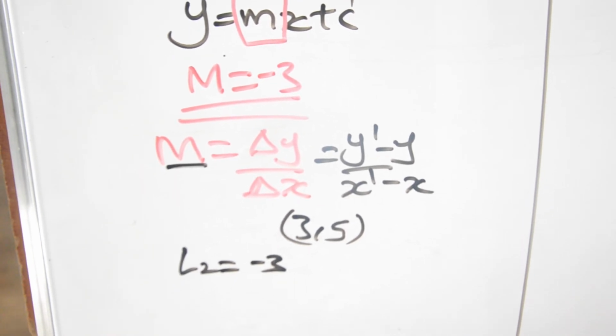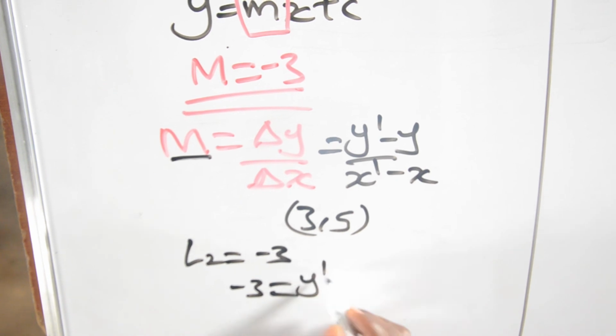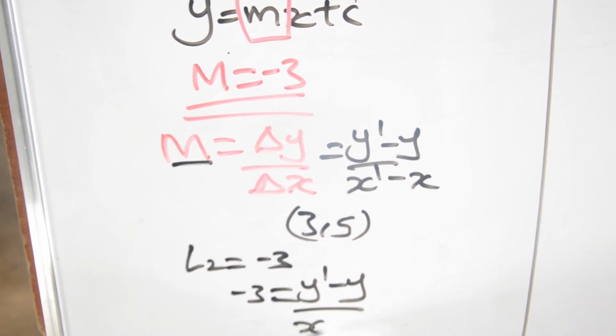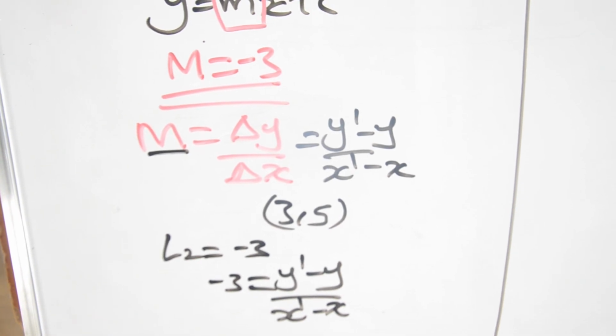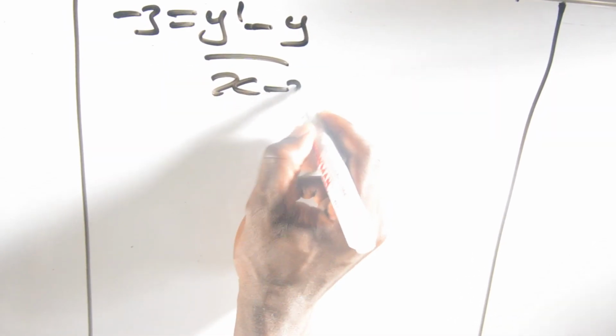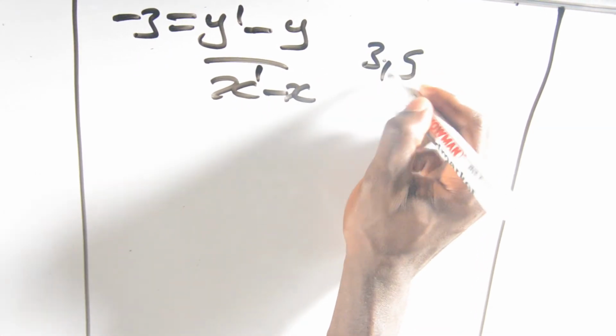So -3 equals (y1 - y) over (x1 - x), and we have this point (3, 5).